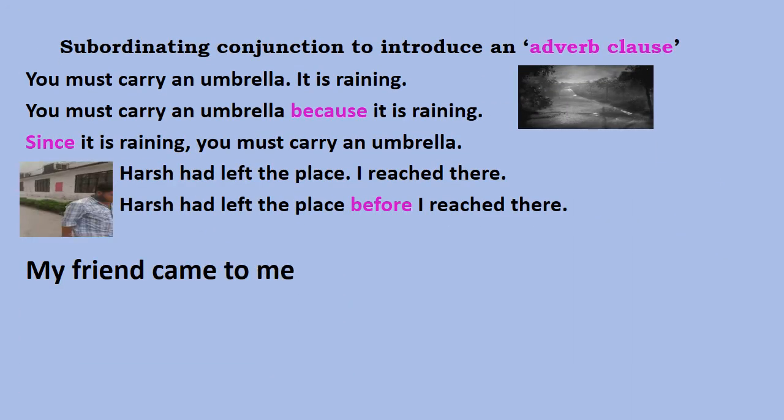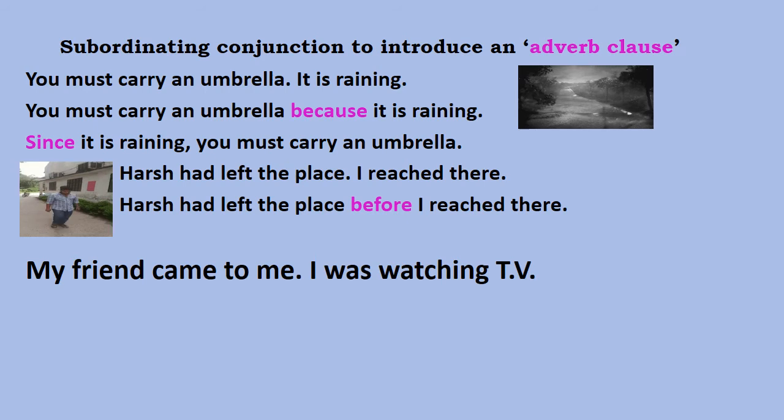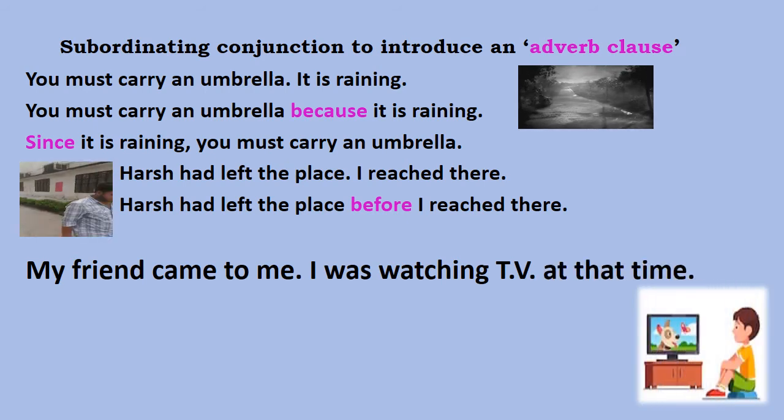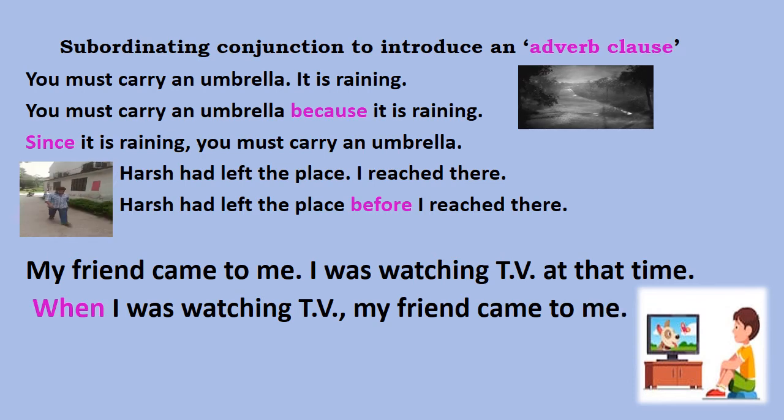My friend came to me. I was watching TV at that time. Okay. Now when we are joining these two sentences, our one sentence that is complex sentence will go as, when I was watching TV, my friend came to me. Here, see, main activity is my friend coming to me.